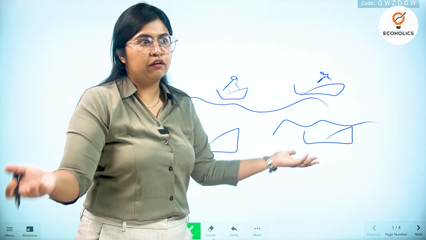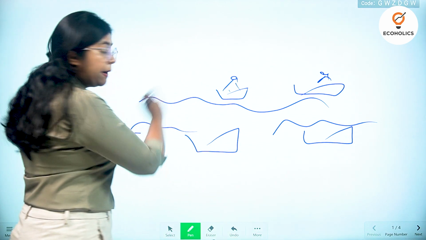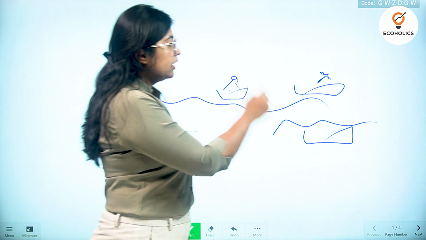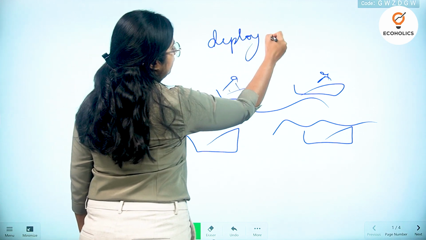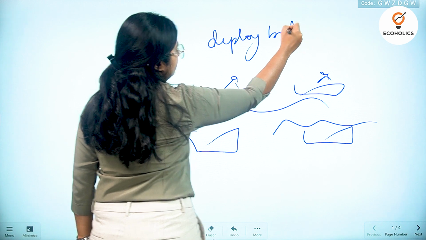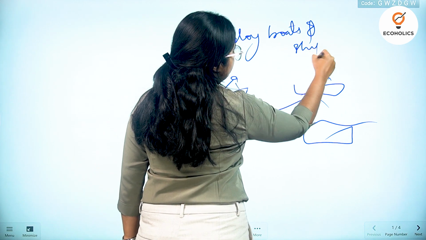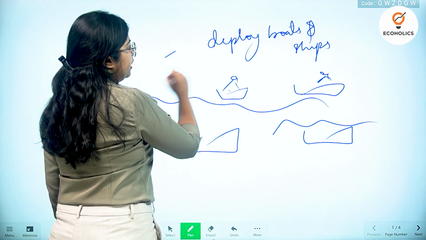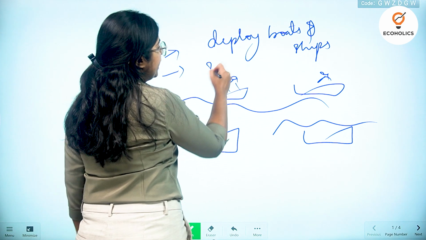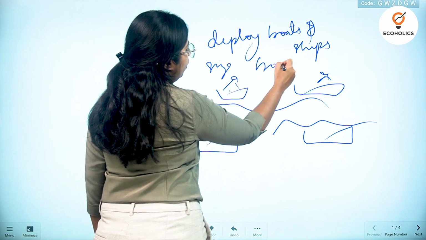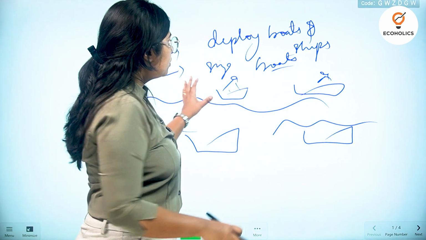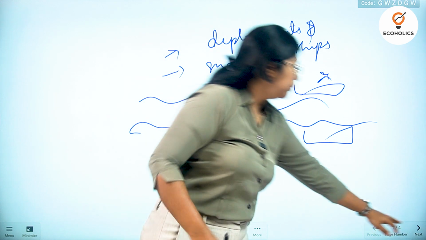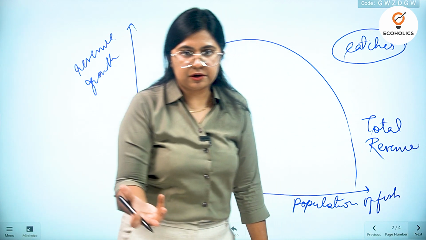It's not free of cost. So the amount of effort that is given to deploy boats and ships just for these catches, the size of these boats, all of that will count.